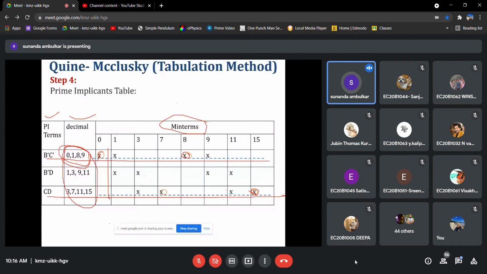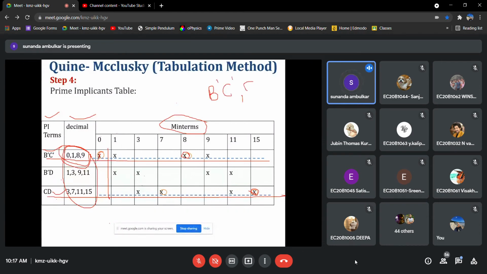So in the first phase of finding the essential prime implicants from the prime implicant table, we found two prime implicants which contain min terms covered by only one prime implicant. Those prime implicants make the essential prime implicants: B dash C dash and CD.